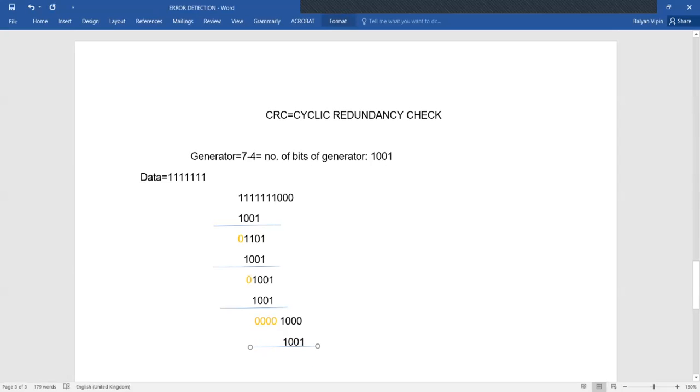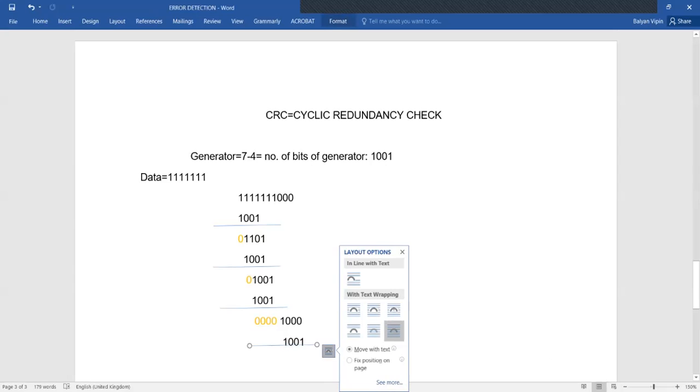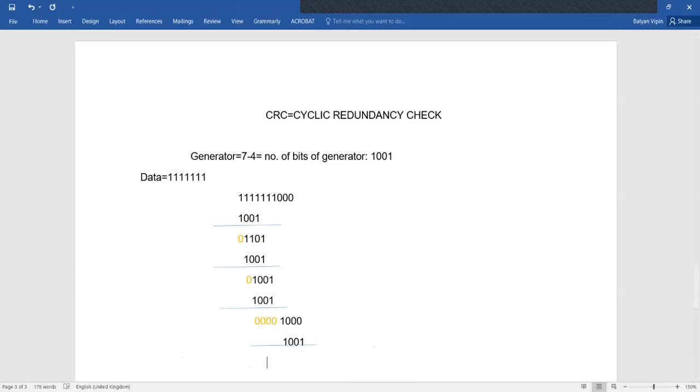And then it will be 1 and 1 is 0, 0 and 0 is 0, 0 and 0 is 0, and then 1. Now, our CRC bits which we appended, which are used for finding the errors, are 3.